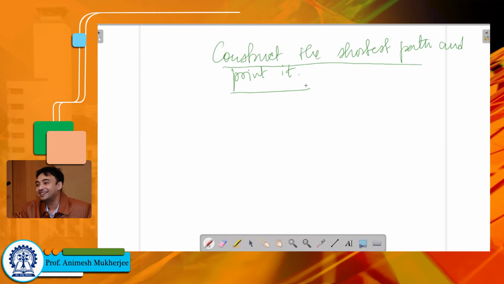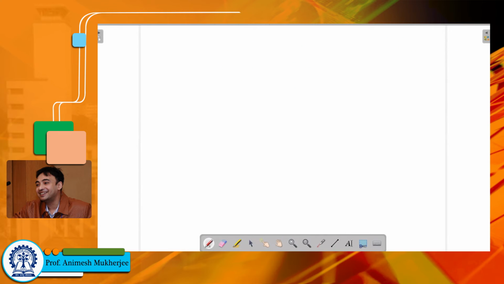Now we have to modify Floyd's algorithm to also be able to print the path. So the problem now is again the same.